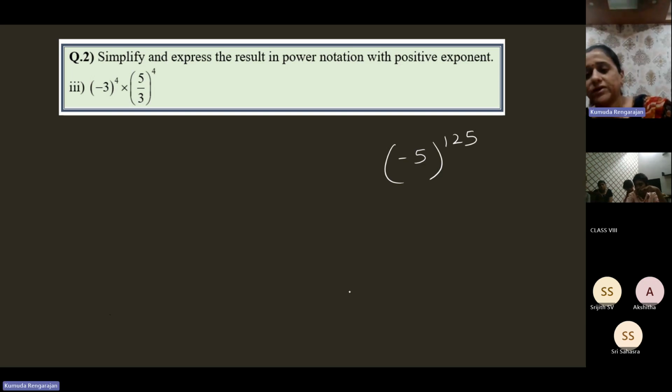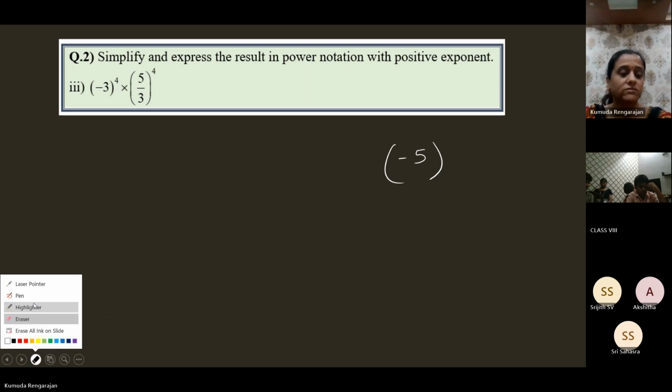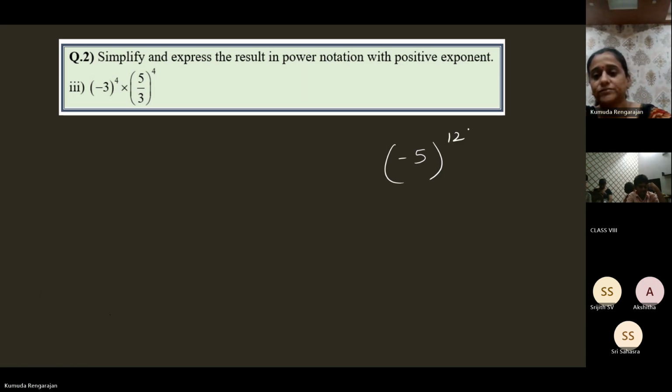And you need to simplify this. Let me first take an even power. Let's say 124. Now you have to simplify this. That is, you need to simplify, meaning write something which is not the question. At least one more step, which is not the question.